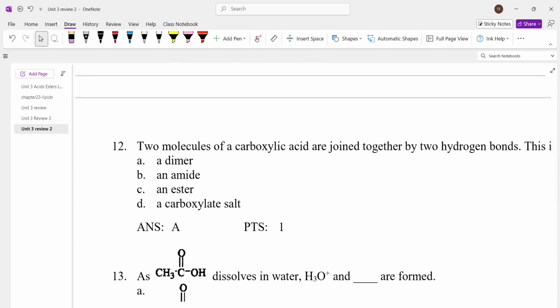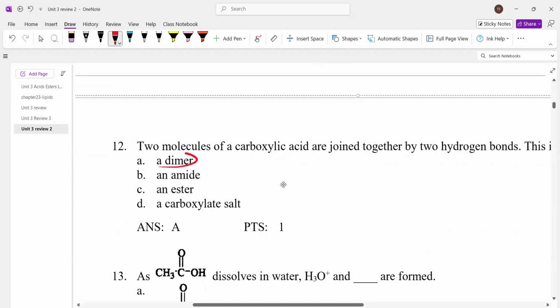Okay, at the beginning of the PowerPoint 2 weeks ago, when two acids are in a solution together, they can form something called a dimer.